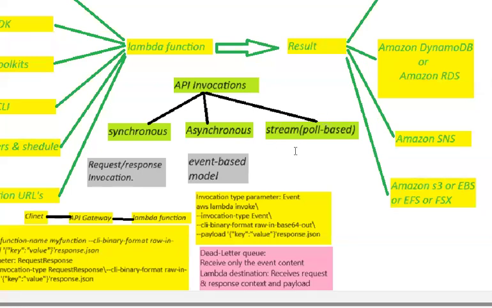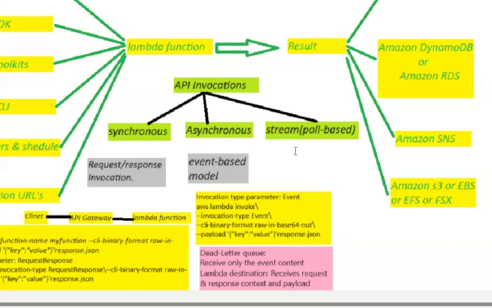The final one is the stream or poll based model. In this model, we just poll messages out of streams or queue based services. Let's say the services may be DynamoDB or Kinesis or SQS. If you want to poll data which is present in these services, then you can use it.